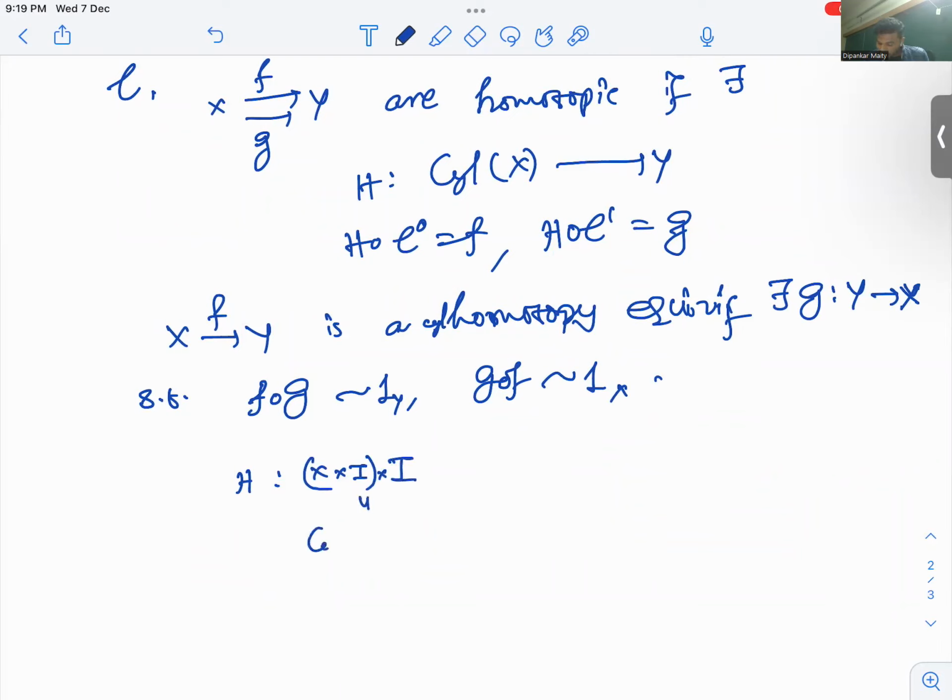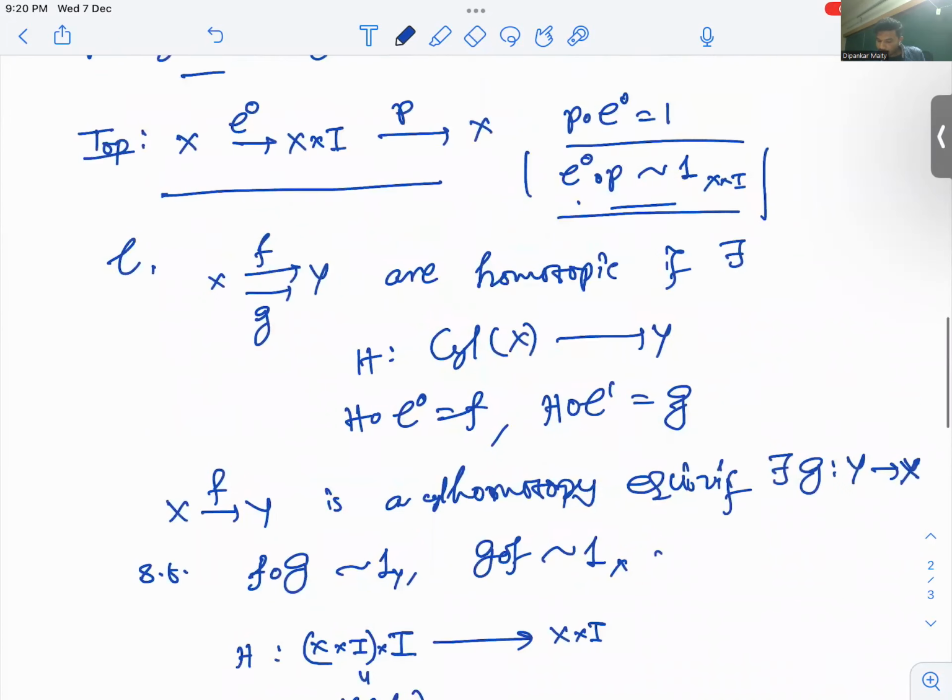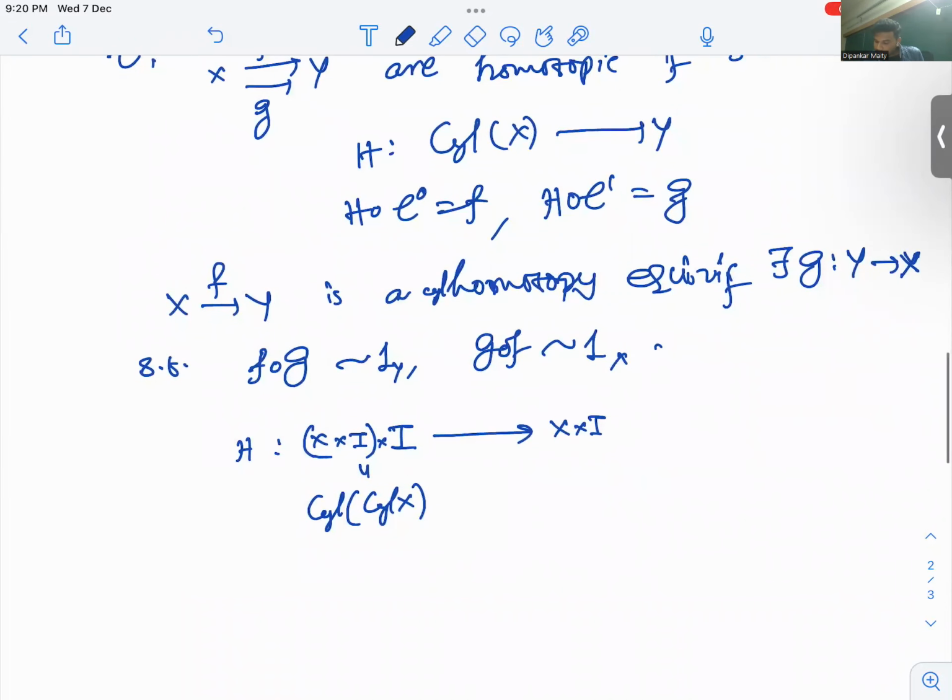So this is cylinder on cylinder. And the corresponding homotopy on X cross I was, well, you must notice that this is the sequence. You start with X cross I, you apply P to land in X, and then you once again put it back by E.